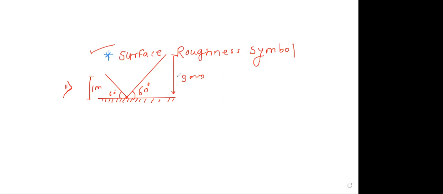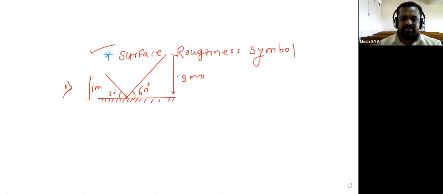Now we are going to draw the next symbol. The meaning of that symbol we will discuss later on. Then the second symbol here. Again, we have to draw one surface.